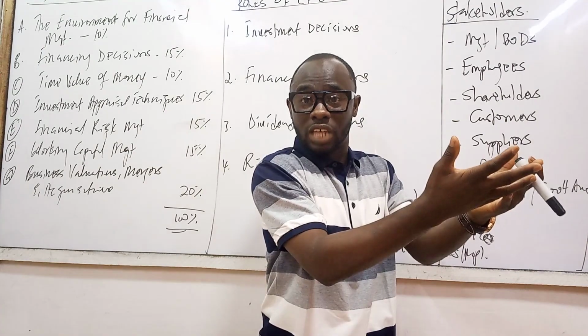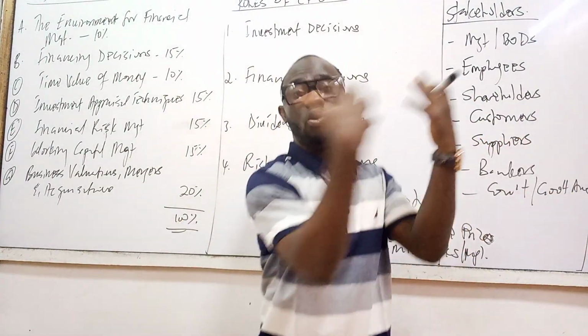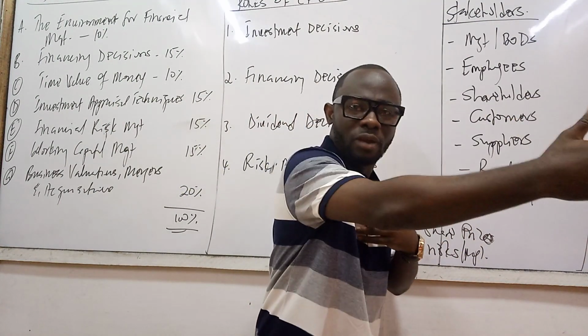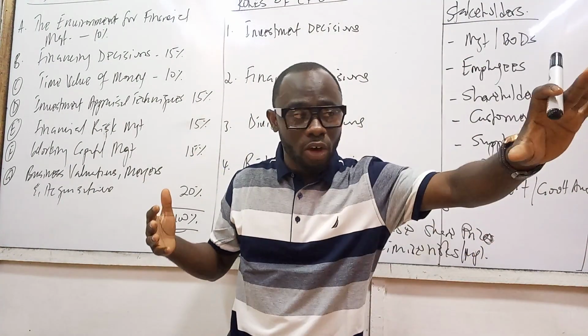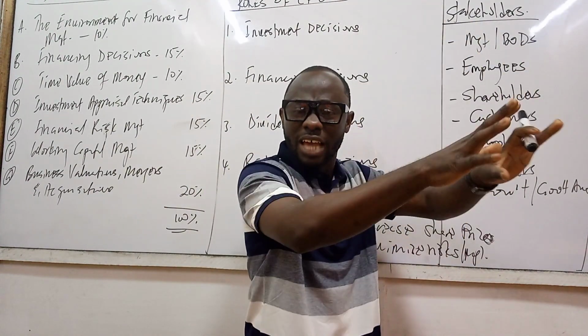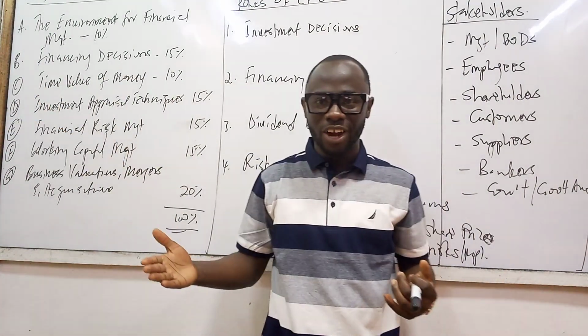Employees want good salary, good working environment, job security, and better working conditions. The more you try to provide your employees with a better working environment and everything they need to be happy in the organization, the less money will be available to the shareholders.